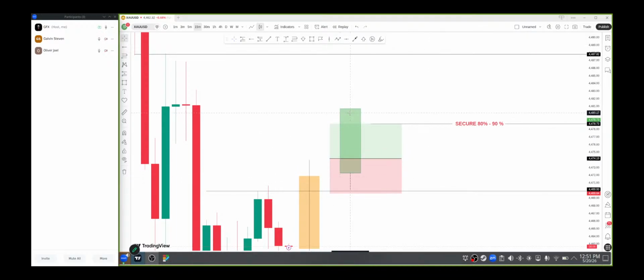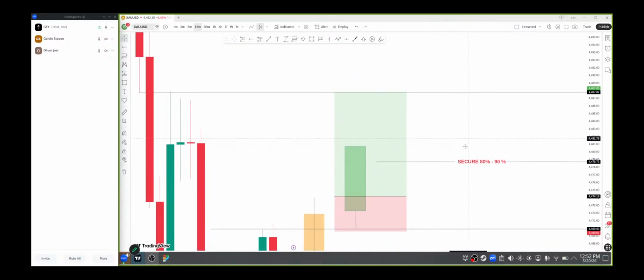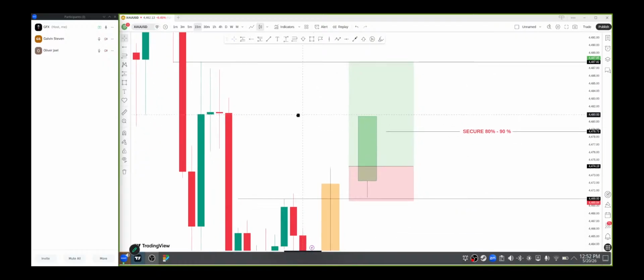Right? So that is where I'm going to secure 90%. And my TP3 is where I'm going to let my final take profit go, or even my runner go. So if I close 90% at TP1, I still have 0.10% of a runner, and that will always be at TP3. So your final TP will always be at TP3, right?